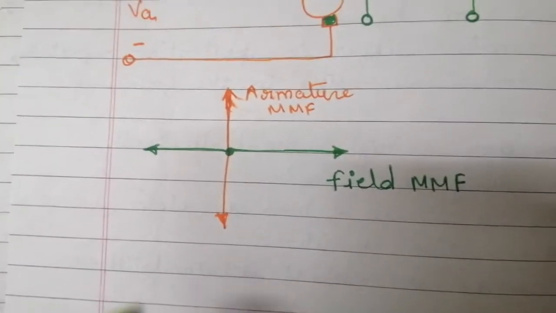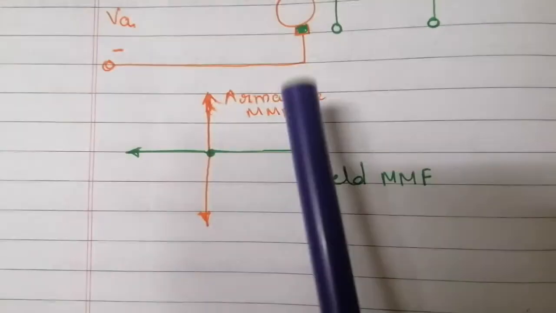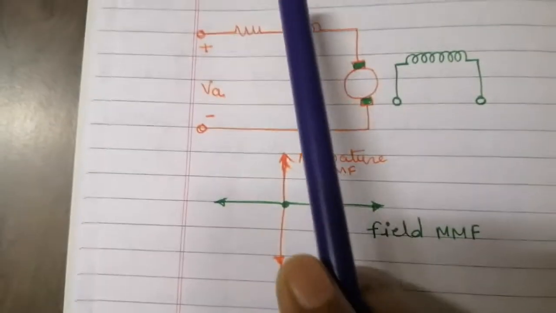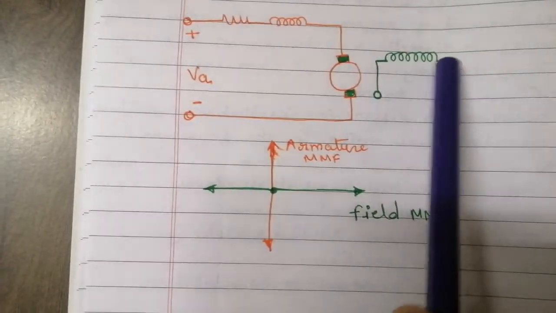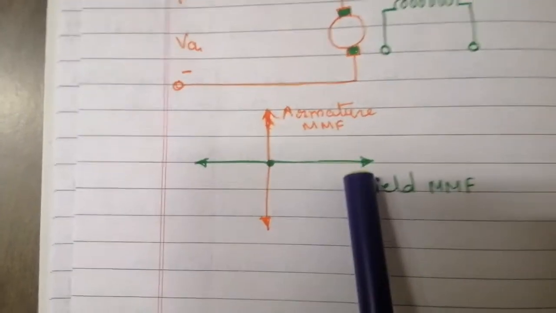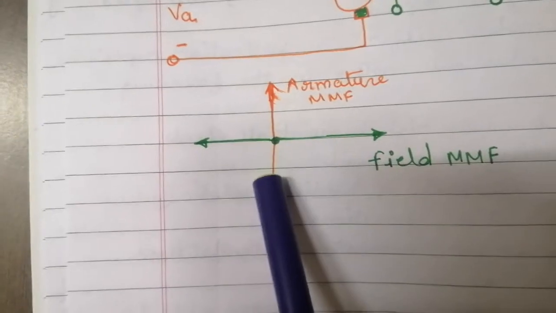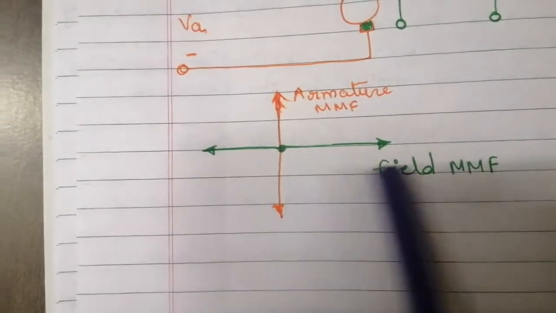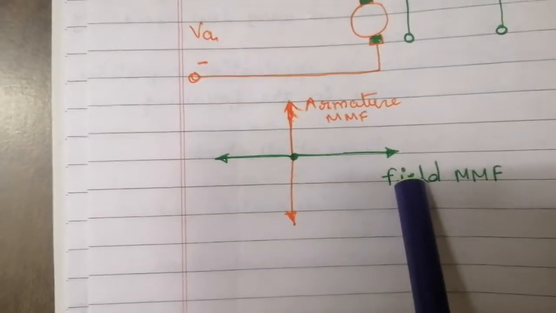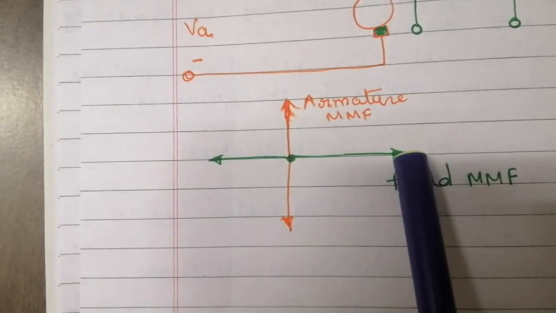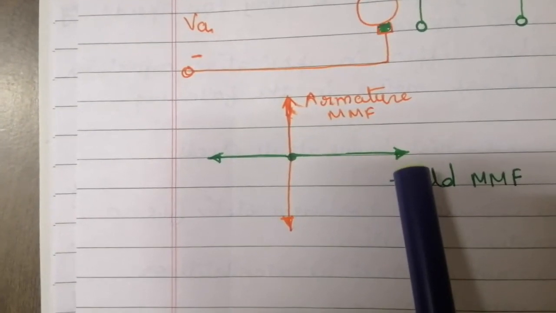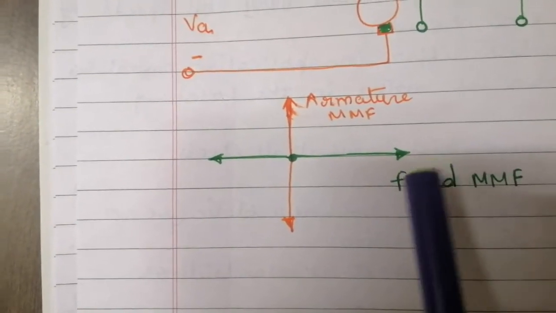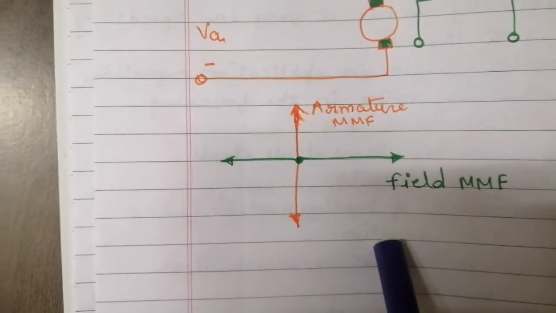See here, the field MMF and the armature MMF, meaning the MMF of this field and the MMF of this armature, are in quadrature. Both are in quadrature. So a step change in the armature voltage or current produces a quick change in the position or speed of the motor.